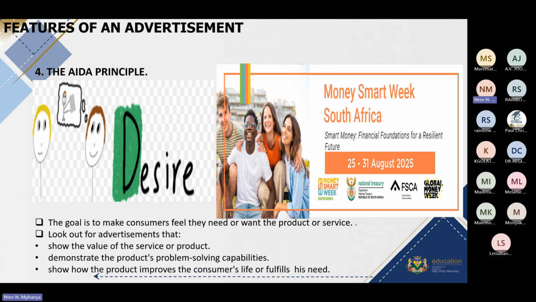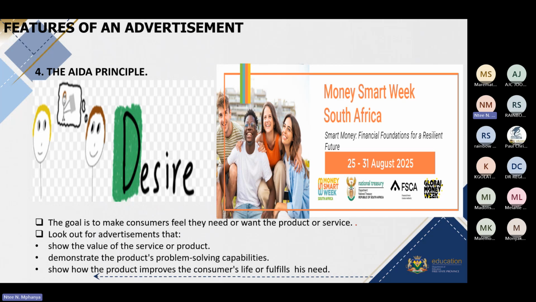Show how the product improves the consumer's life or fulfils their need. Everyone has this need to be financially sound and secure. Therefore, surely your desire will be increased or heightened, because one wants to have a wonderful future.